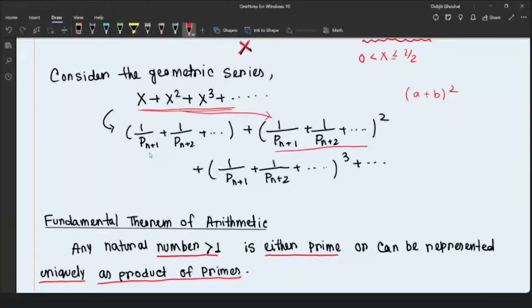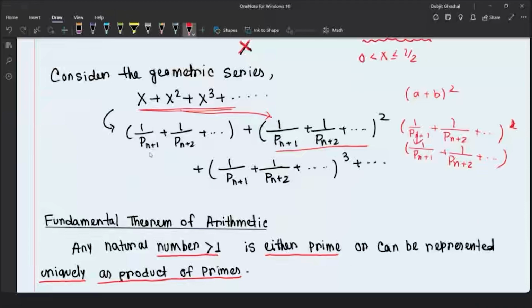So this is like, suppose I have 1 by p_{n+1} plus 1 by p_{n+2} and so on. I multiply this 1 by p_{n+1} with all the terms. Similarly, I multiply 1 by p_{n+2} with all the terms of this, I multiply 1 by p_{n+3} with all the terms, and this way we get an infinite series.